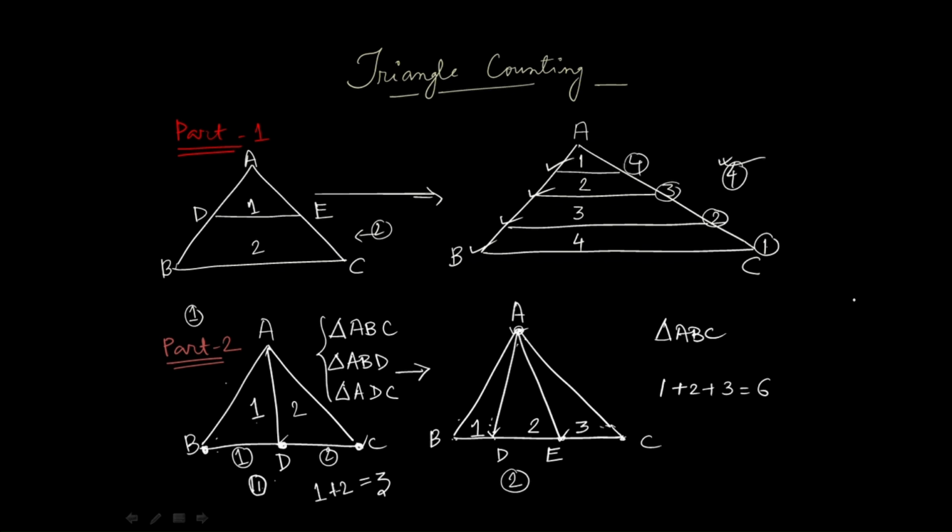Similarly, if you have got this kind of figure, this kind of figure can be found straightforwardly in several PSC exams, WBPSC, okay, as well as SSC exams like MTS.